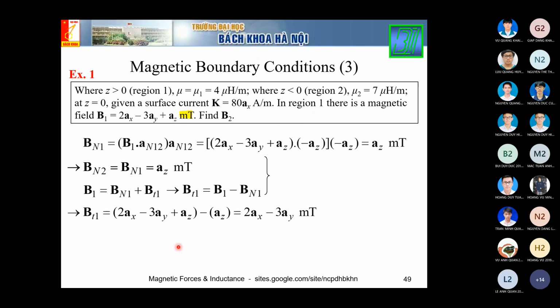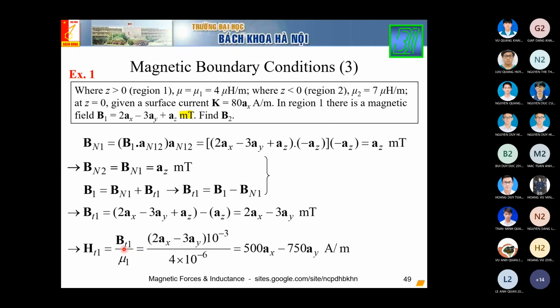From B, we can find H by applying the formula that I showed you at the very beginning of this morning. Are you okay? Do you have any question for this?